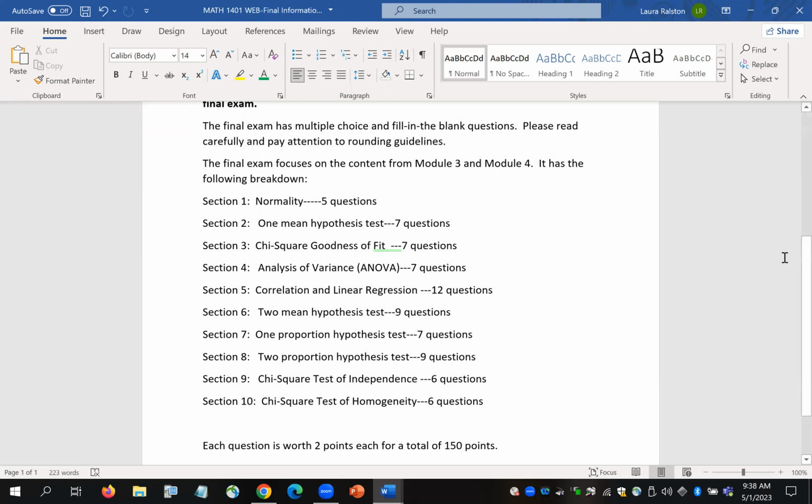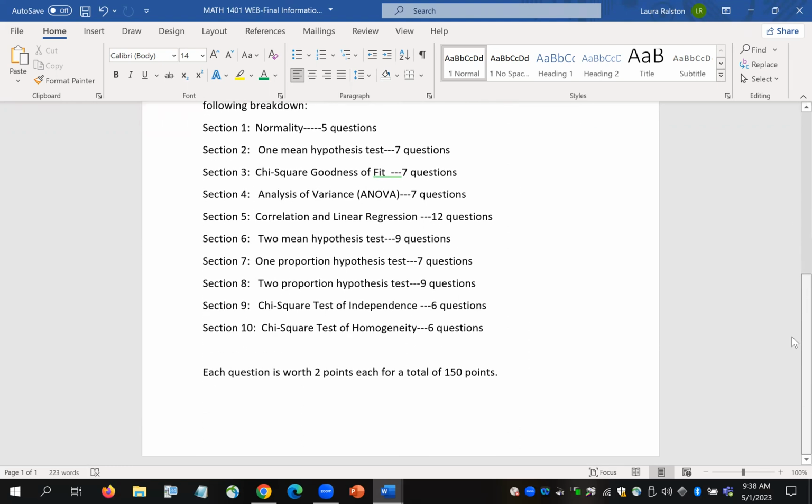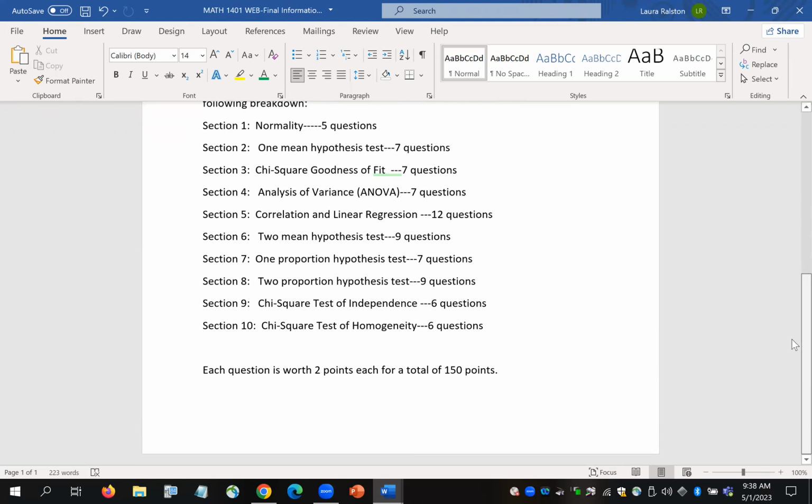Those are all the topics that we covered in modules 3 and 4. That gives you the layout and how many questions. If I remember correctly, the questions are 2 points apiece, and it is a total of 150 points.